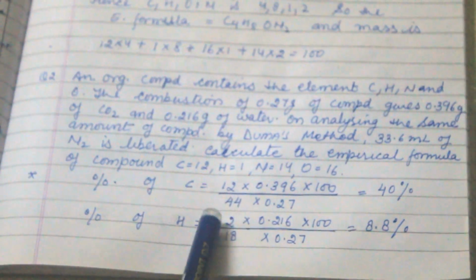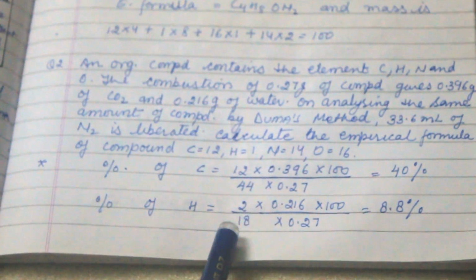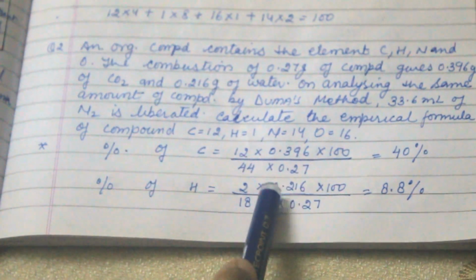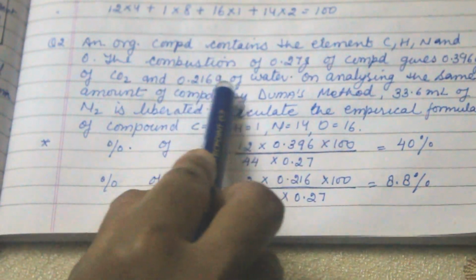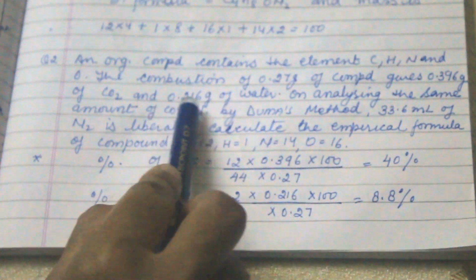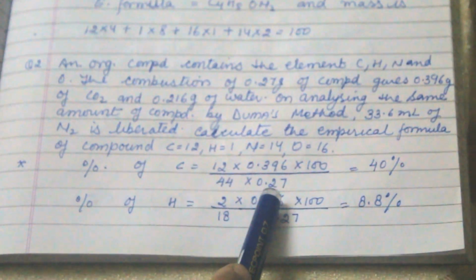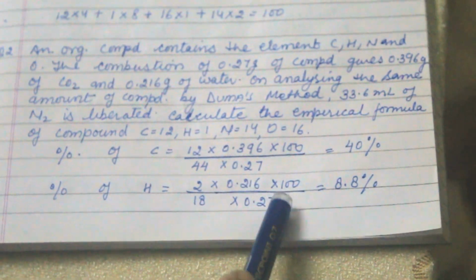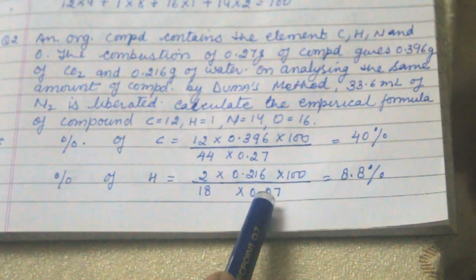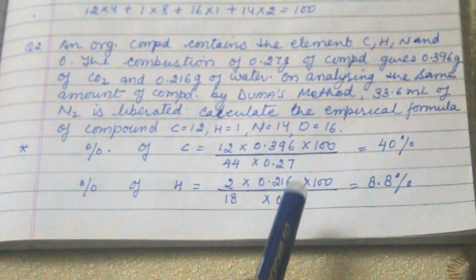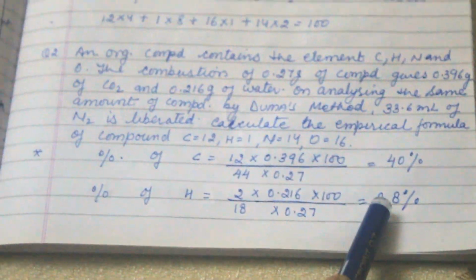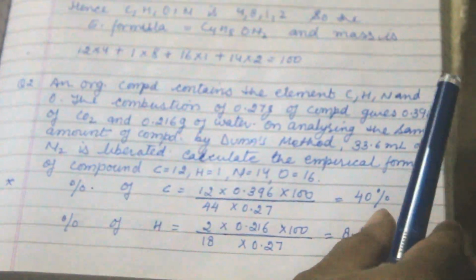Again, this is the atomic mass of hydrogen, this is the molecular mass of water, and 0.216 gram is the water, and the whole compound is 0.27 gram. When we calculate all this, we get 8.8% of hydrogen.